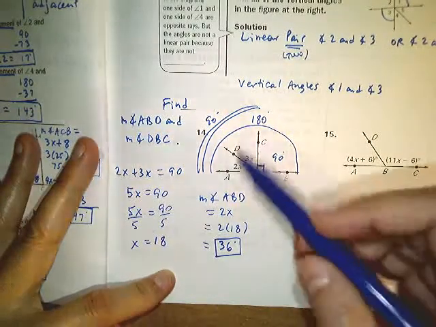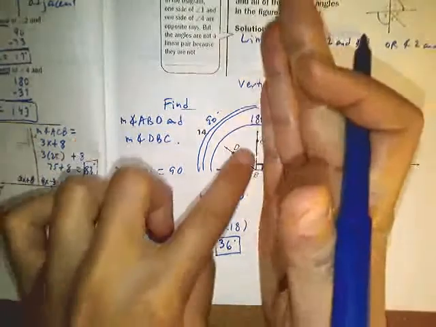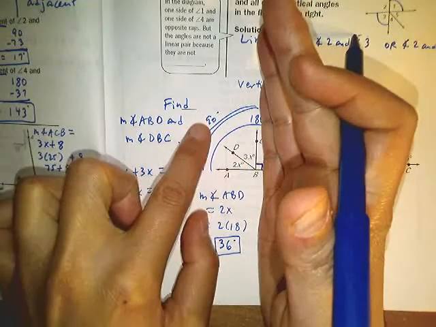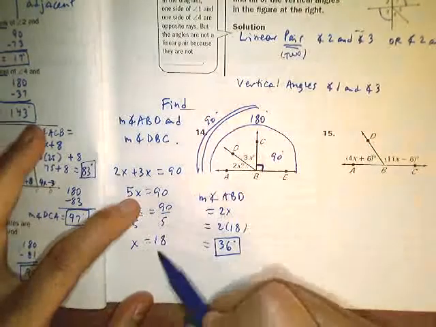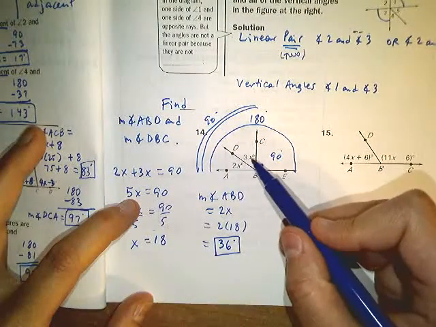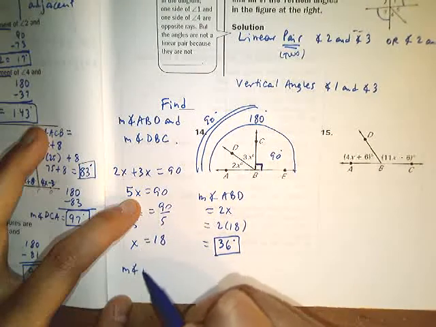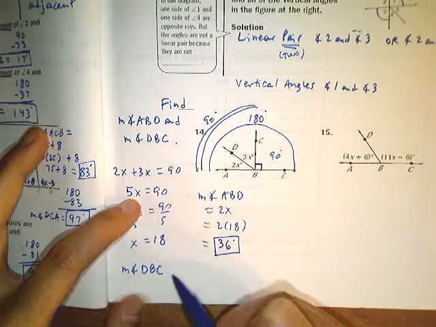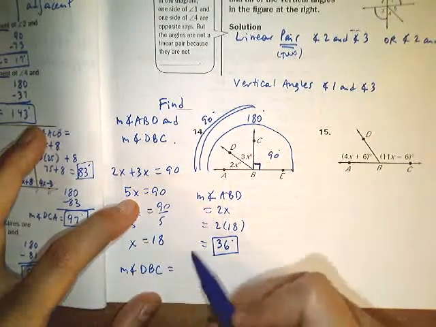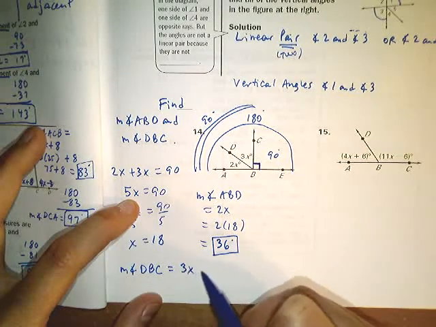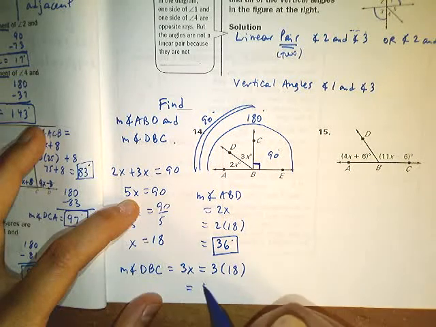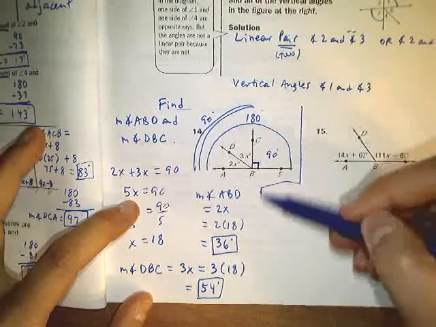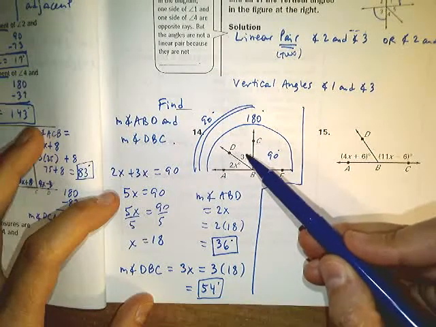Finding the other angle, you can either know that these 2 angles add up to 90 and say 90 minus 36 to get this angle, or you can take 18 and multiply it by 3 to get your answer. I'm going to do it that way. The other angle is represented by the expression 3x. Multiplying it by 18 gives me 54 degrees. So there you go. I found both angles, this one and that one.